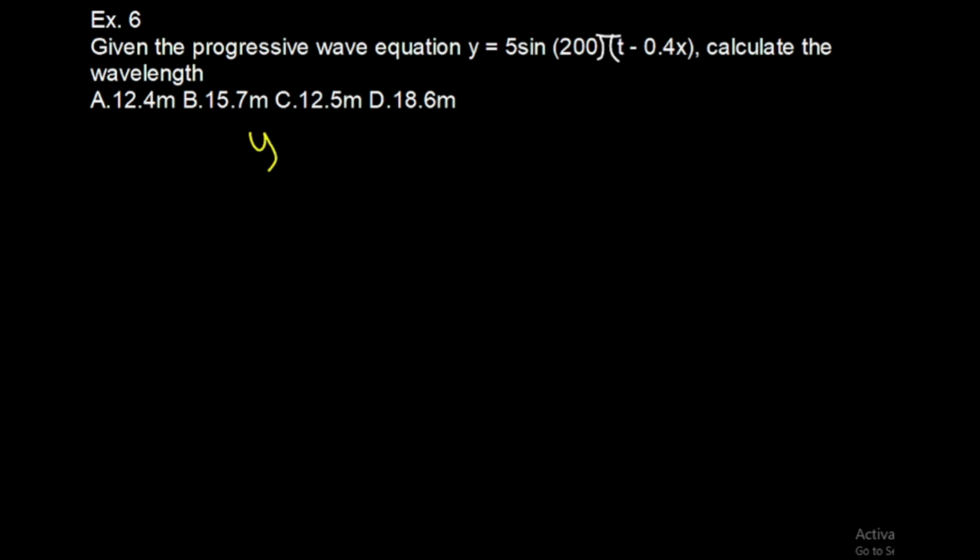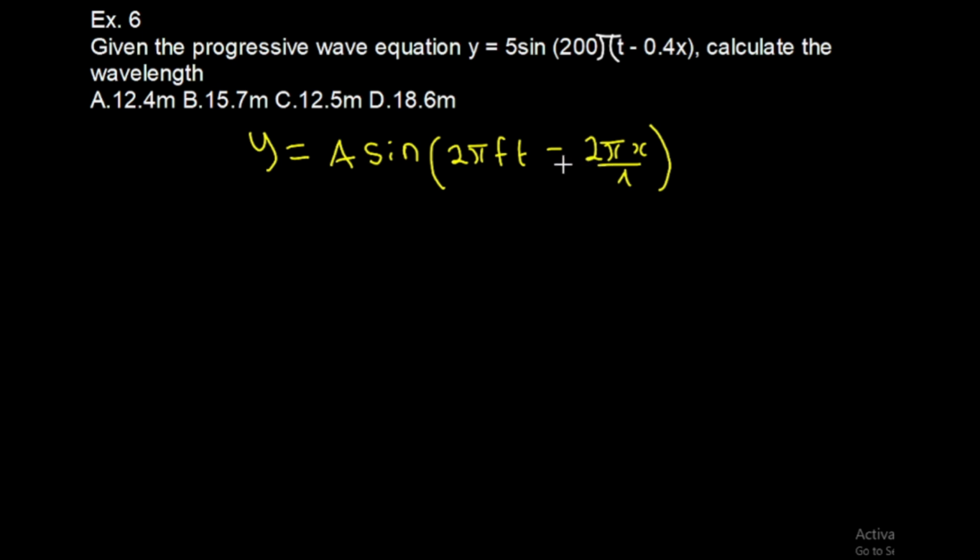We have y equals a sine (2 pi ft minus 2 pi x over lambda). All right. Now it does not matter which one comes first, 2 pi ft, then 2 pi x over lambda, or 2 pi x over lambda, then 2 pi ft.